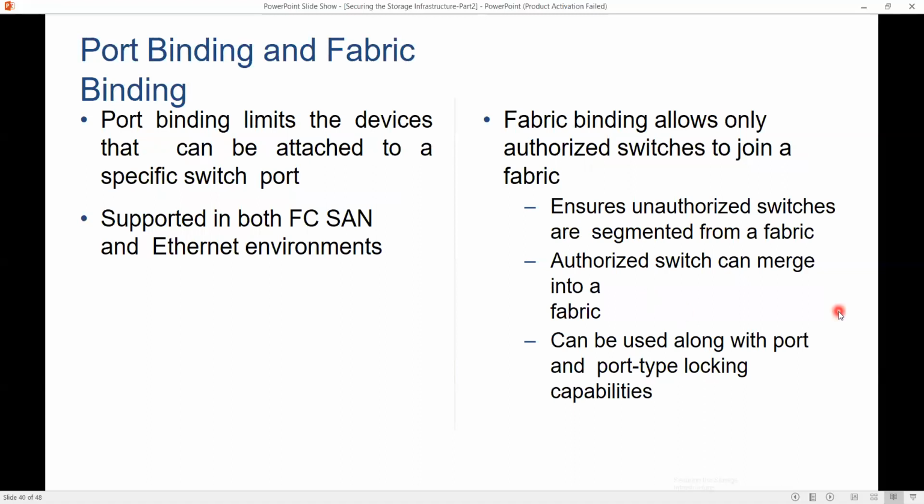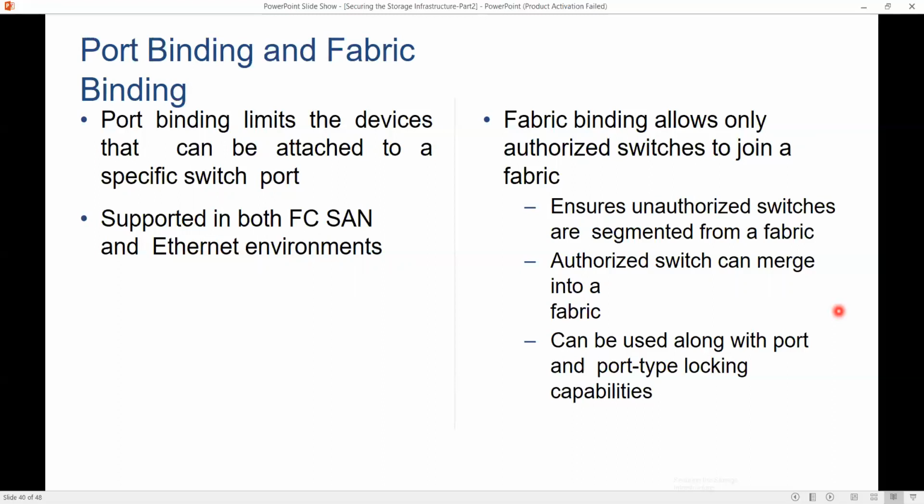Next is port binding and fabric binding. This means that we should not allow all the ports to be open all the time. Suppose one node is using an HBA having 2 ports; we should not leave both of those ports open at one time. Disable the ports which are not in use, because that particular port can be vulnerable to any sort of threat.